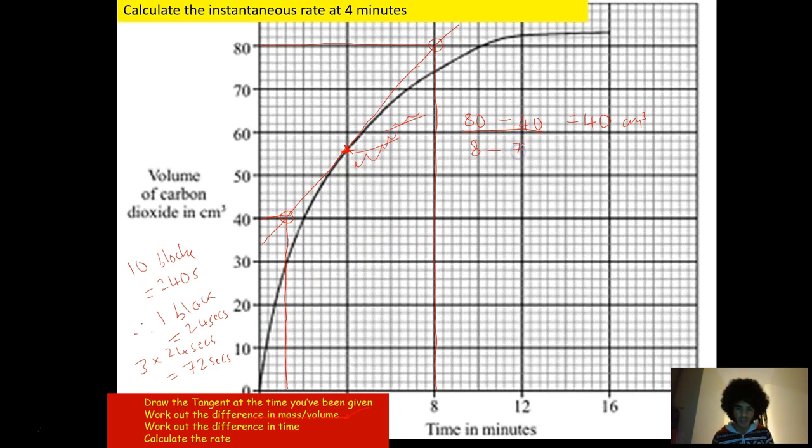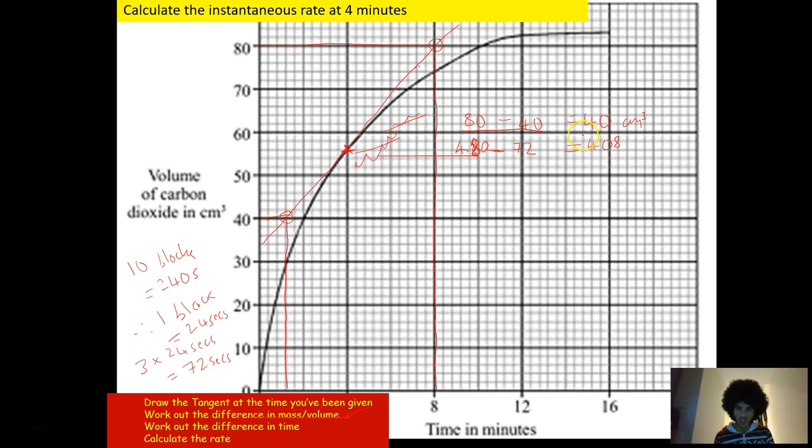So I'm going to have 72 here, and then 8 minutes, I need to put that in seconds, because I need to make sure the units are consistent. So it's going to be 8 times 60, which is 480. It's quite convenient. So 480 take away 72, which is 408.